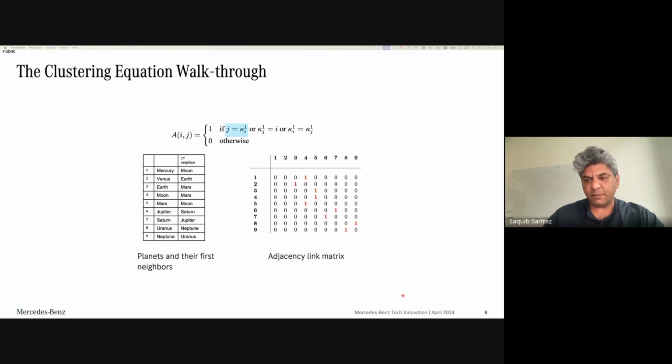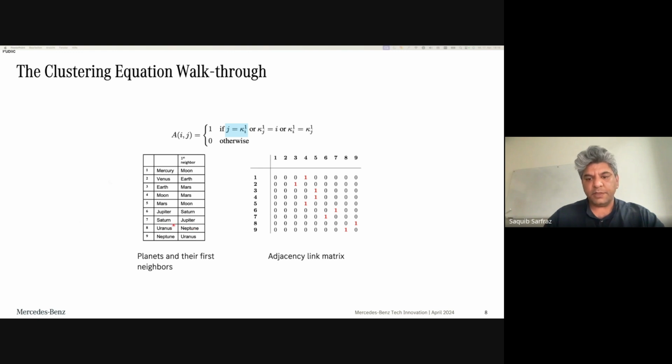We can cluster the planets in their known measurement space, provided in the NASA fact sheet. There are 15 measurements, for instance diameter, density, or orbital period of these planets. In this 15-dimensional space, the first neighbor of each planet, according to Euclidean distance, is depicted in this table on the left.